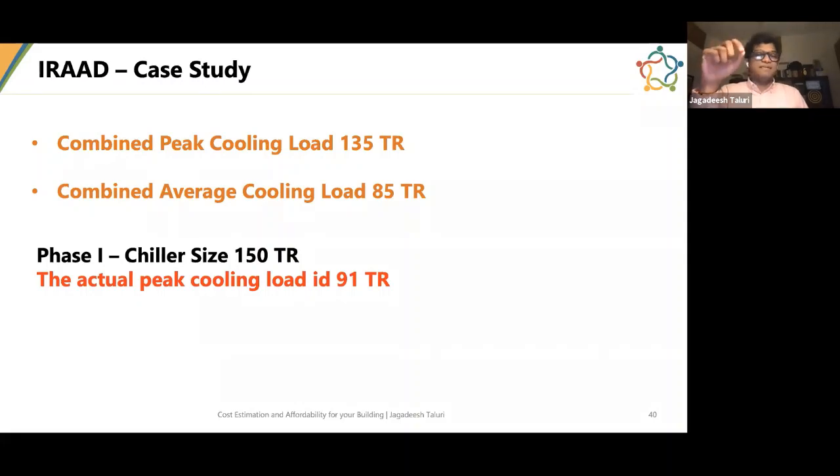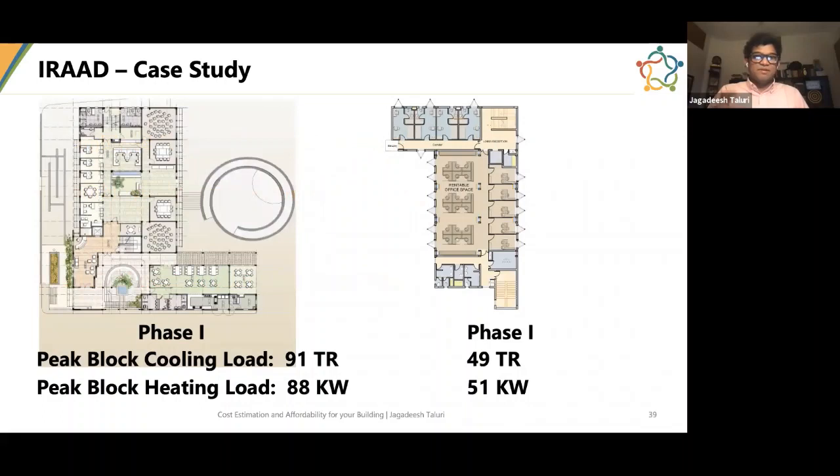With this 85 ton chiller, they connected the phase 1 air handling units. The 85 ton chiller was supplying chilled water at 7 degrees centigrade to the phase 1 building. The chilled water comes out of the phase 1 building at 9 or 10 degrees centigrade after losing the cooling.